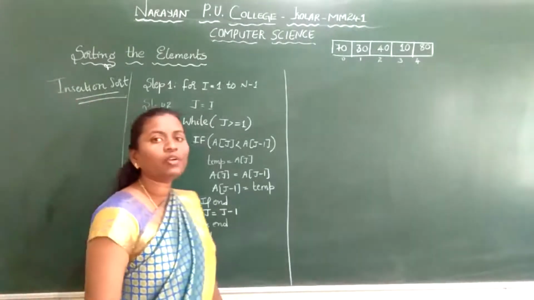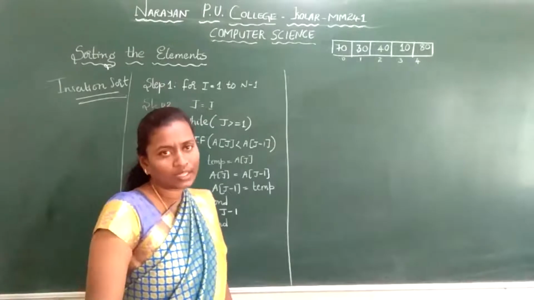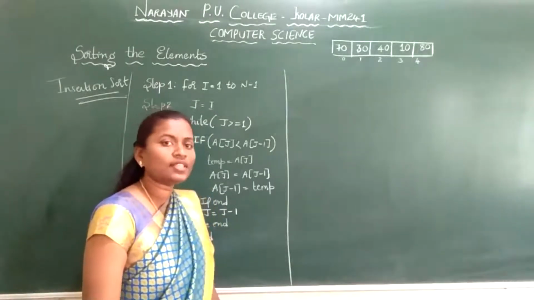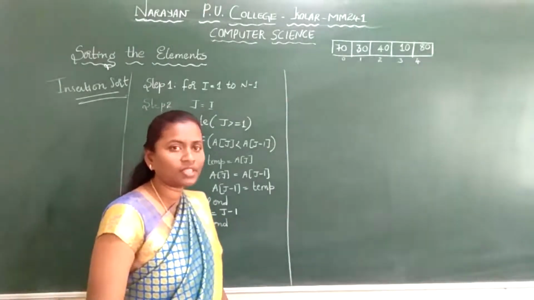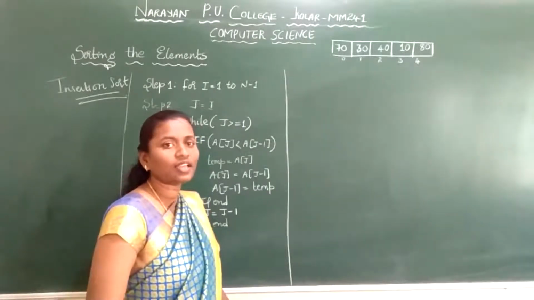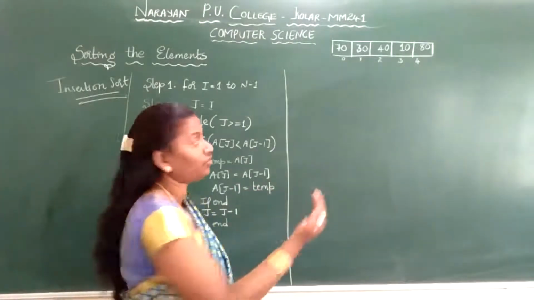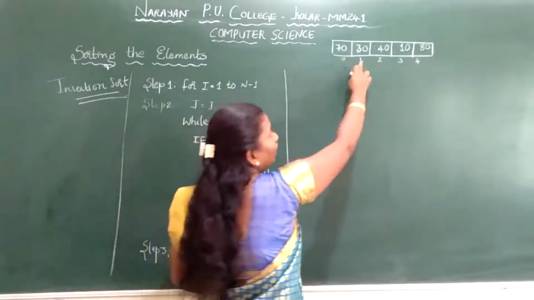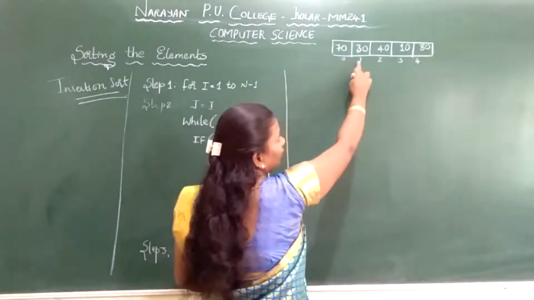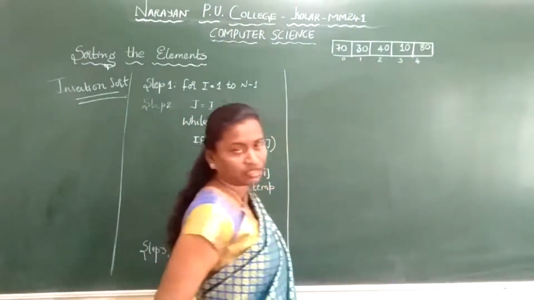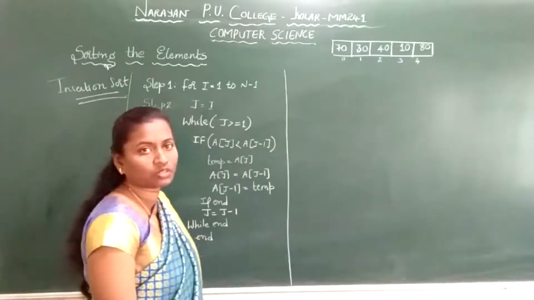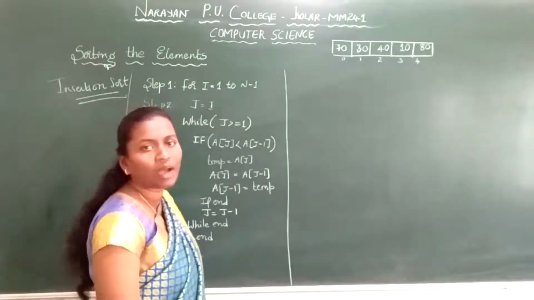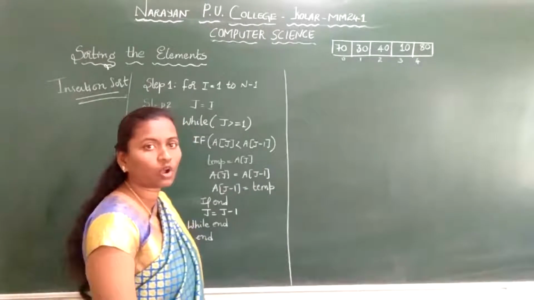Why do we start with I equal to 1? Because we assume that the first element falls in its place, that is, the first element is in ascending order. We compare the second element with the first element. That is how insertion sort works. Later, as the sorting process goes on, we will get the sorted array.